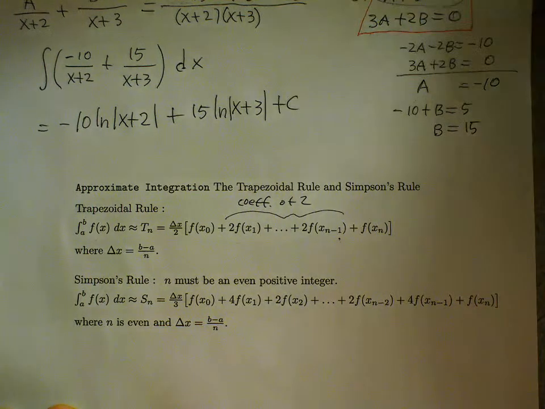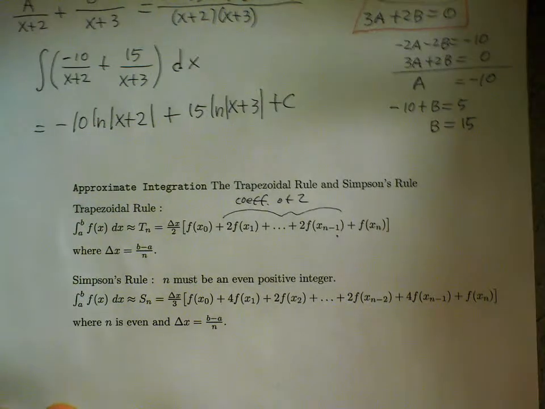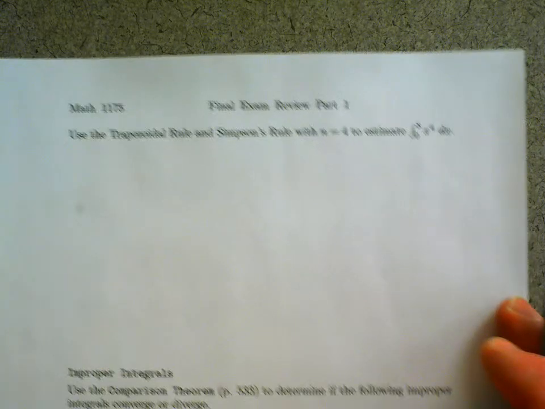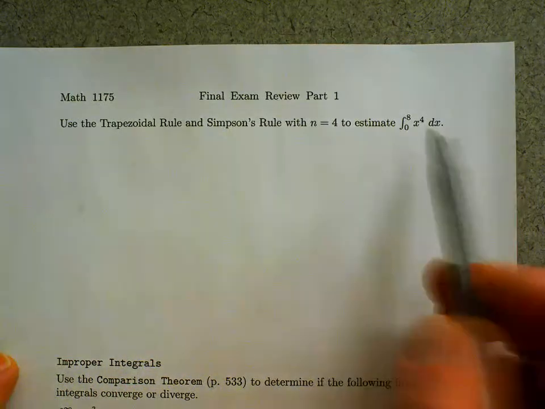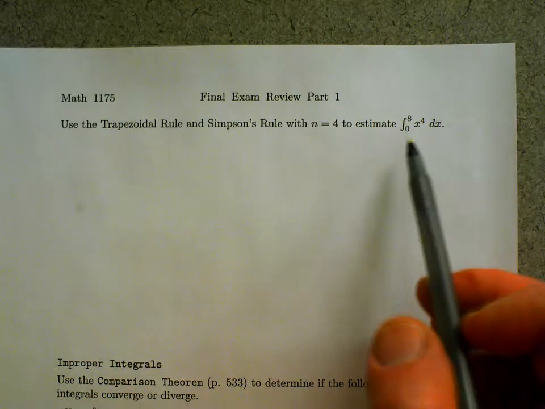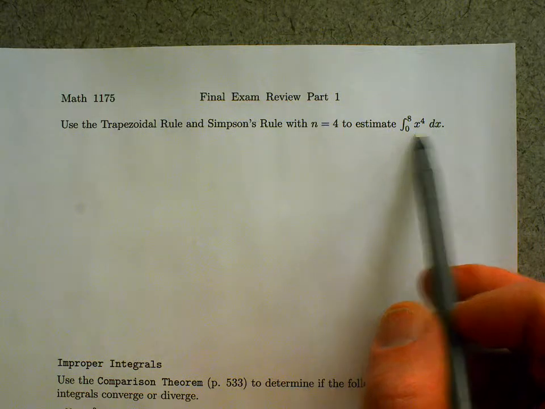Okay, let's do an example involving the trapezoidal rule and Simpson's rule. Use the trapezoidal rule and Simpson's rule with n equals 4 to estimate the definite integral of x to the 4th dx from 0 to 8.